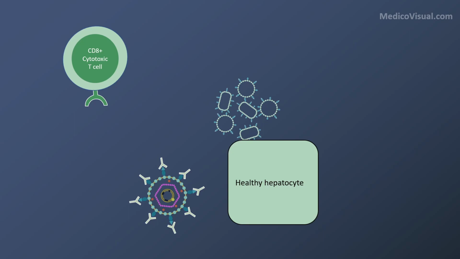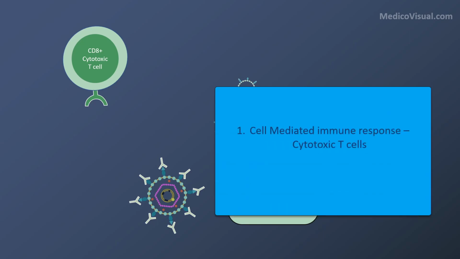They will also be destroyed, but very slowly. But these antibody tagged particles will be quickly destroyed. So what have we learned up till now? We need a cytotoxic T cell response, or cell mediated immune response, and we need a humoral immune response through anti-HBs antibodies.